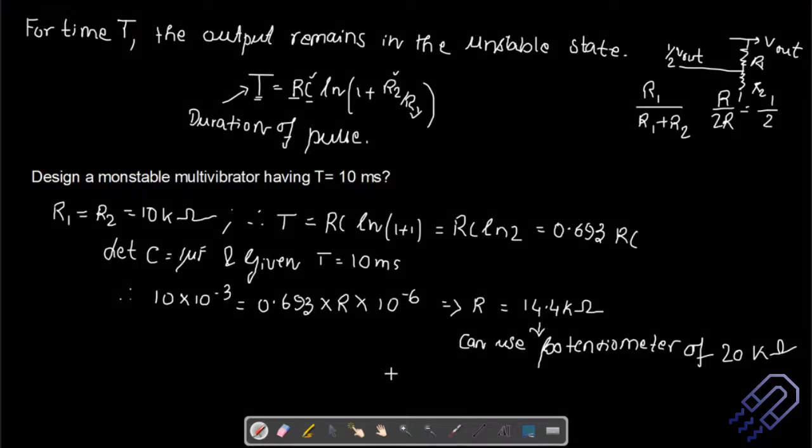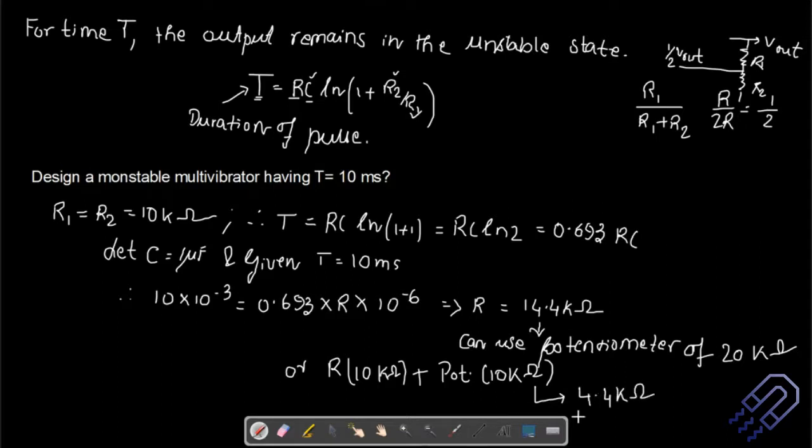Or we can have a resistor of 10 kilo ohm plus a potentiometer of 10 kilo ohm, and adjust this 10 kilo ohm to 4.4 kilo ohm. We can connect them in series and do the designing.